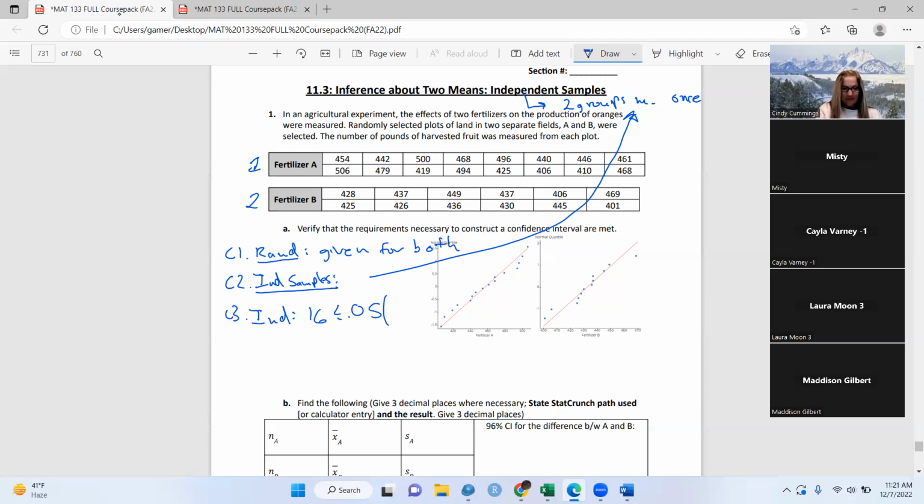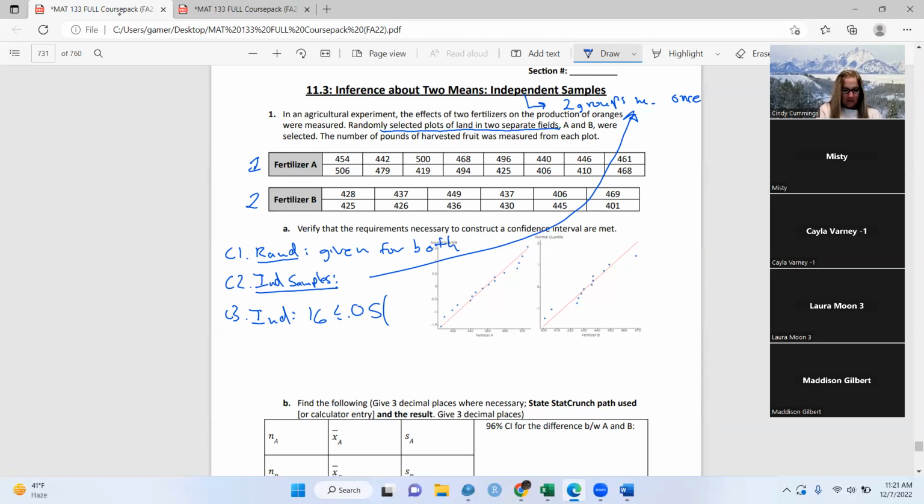Okay, that's my question. I said all fertilizers. I thought I was supposed to add up all the numbers, so I added up all the pounds, because the sample was out of all these pounds. Well, let's look at what we did. We randomly selected plots of land in 2 separate fields.